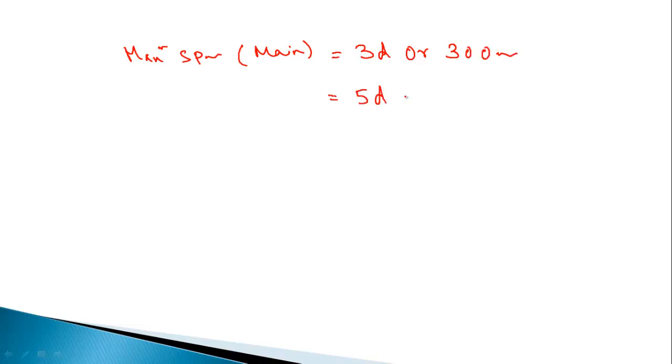The maximum spacing for horizontal main reinforcement is either 3d or 300 mm, or 5d or 500 mm, the latter only if it is for temperature and shrinkage effects.